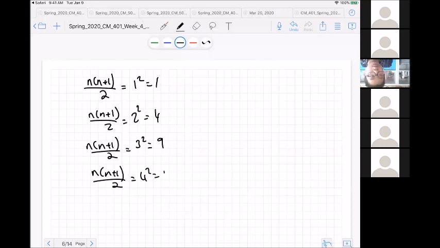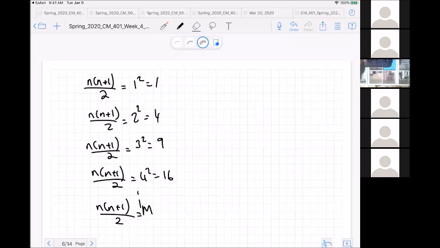Can it be equal to 4 squared? Eventually I'm looking for n times n plus 1 over 2 to be a perfect square. I hope that makes sense. Is that okay, Angelica?